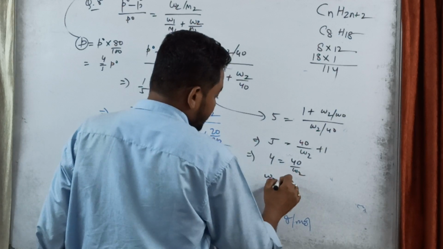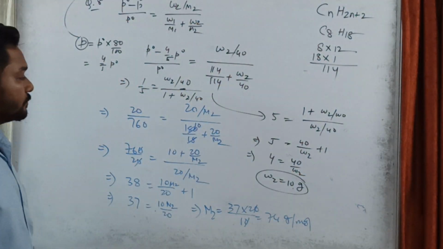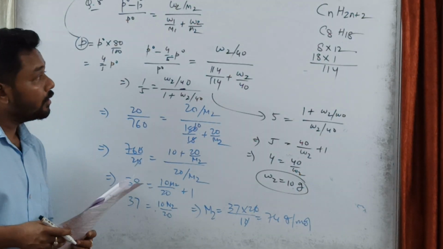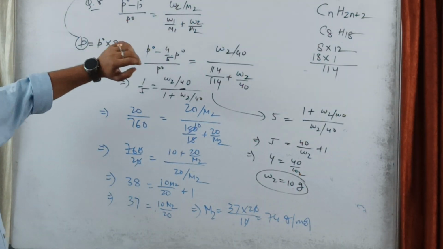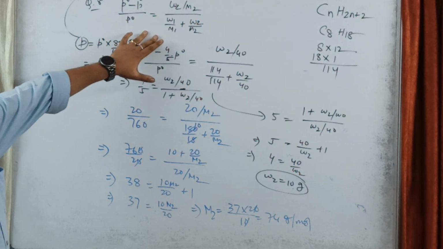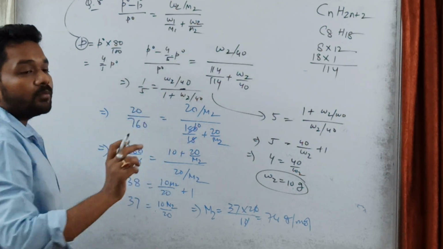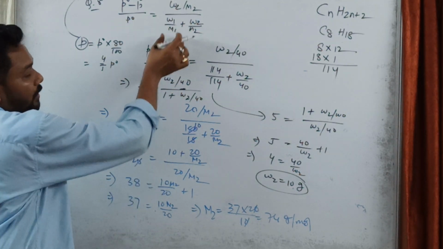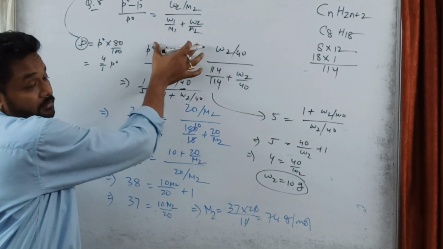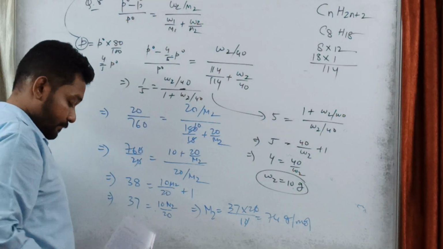So W2 becomes 10. Very important. Always remember here, no need to do the approximation, because generally in the calculation we think that N1 is much greater than N2, so we will take W1 by M1 in the denominator. But you need to take both solute and solvent here. That means N1 plus N2 you need to calculate. Okay?